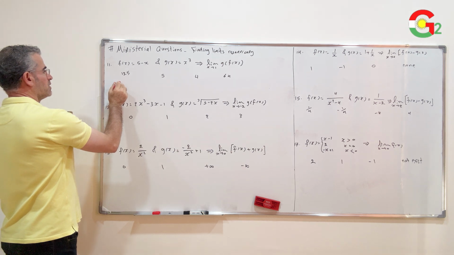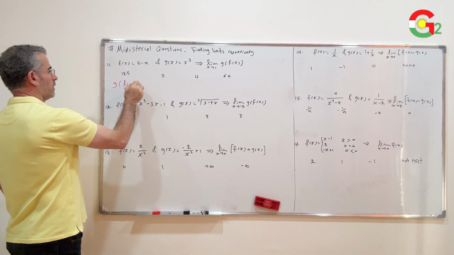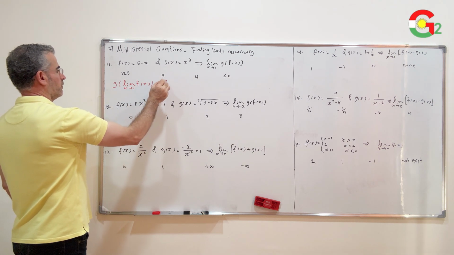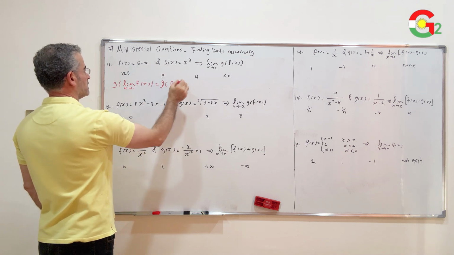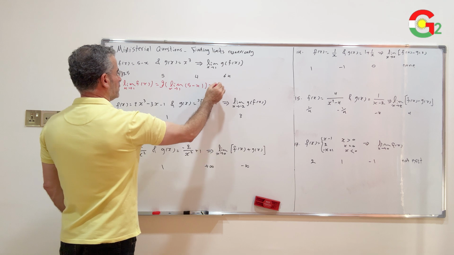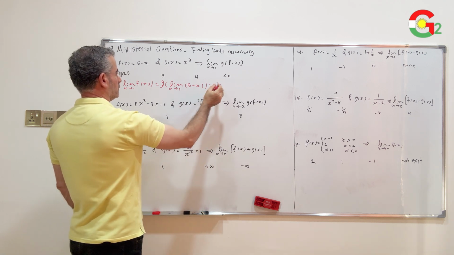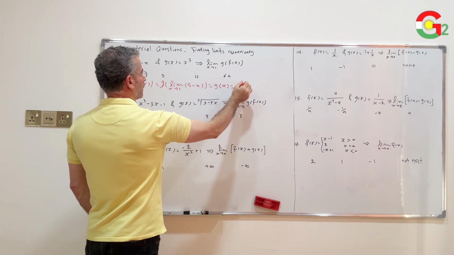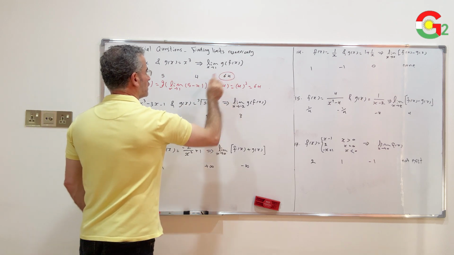Rewrite this limit as g of the limit as x approaches 1 of f of x, equal to g of the limit as x approaches 1 of 5 minus x, equal to g of 5 minus 1, which is 4. g of 4 is 4 to the power 3, equal to 64. Choice D.